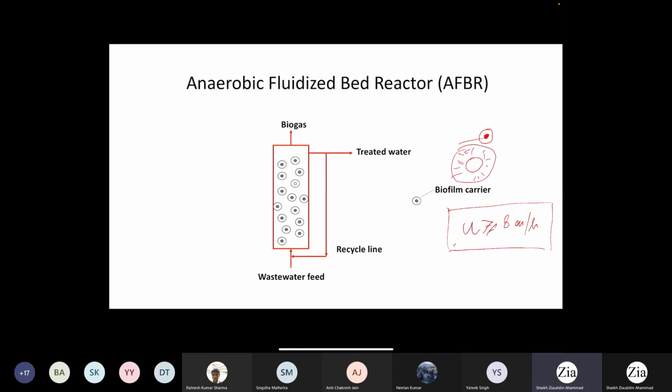So the only problem here is that you need to maintain a higher flow rate, upflow velocity. And when you have this fluidized condition in the reactor, the biofilm is not very robust in structure.